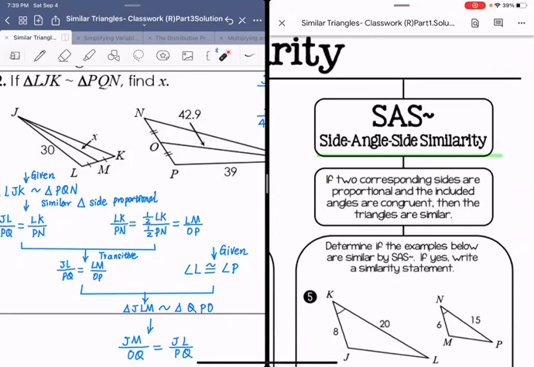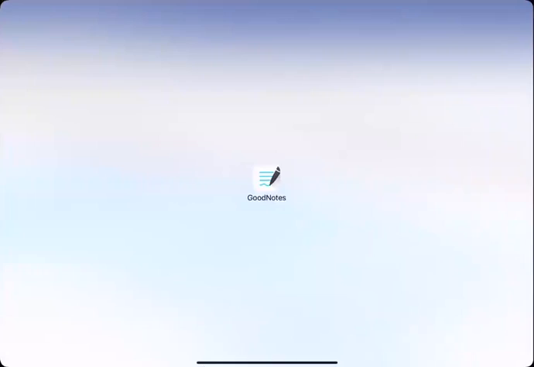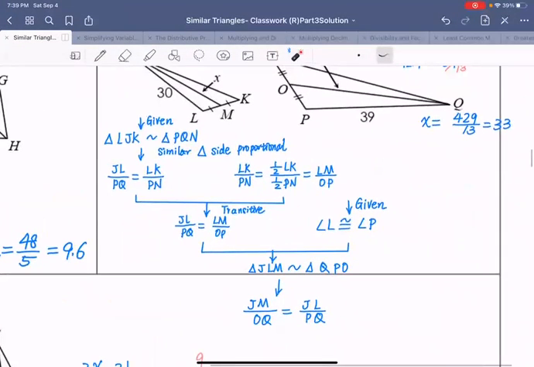Go ahead. If two corresponding sides are proportional and the included angles are congruent, then the triangles are similar. Does this make sense to you now? Yes. So you say here SAS, correct? Yeah. SAS, these are those two corresponding sides. These are the angles between those sides.